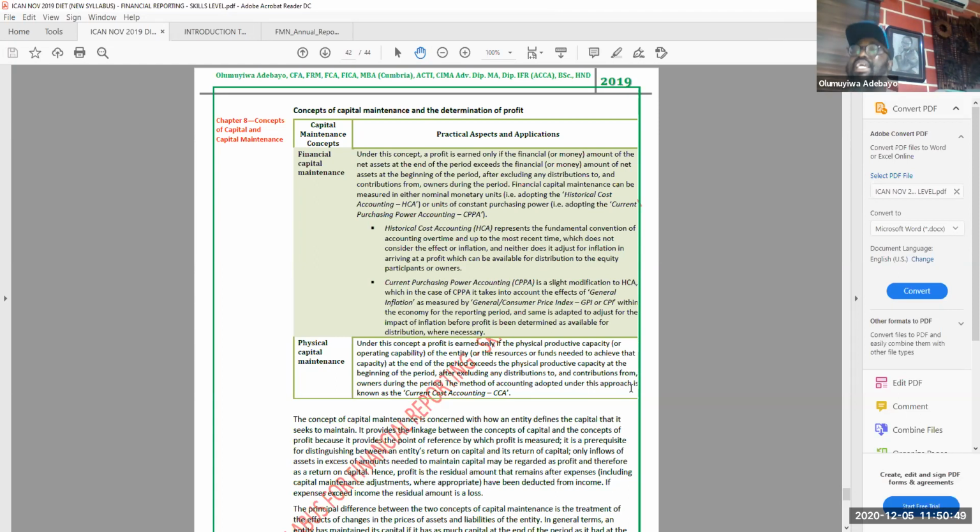Now, the physical concept primarily deals with adjustment for inflation, similar to the real concept under financial concepts.